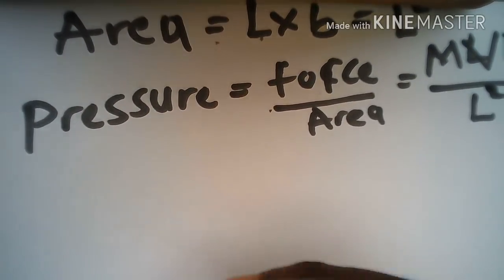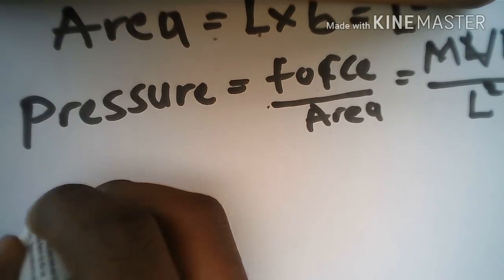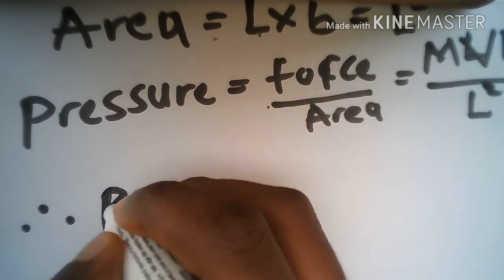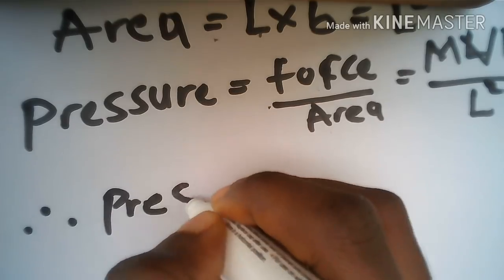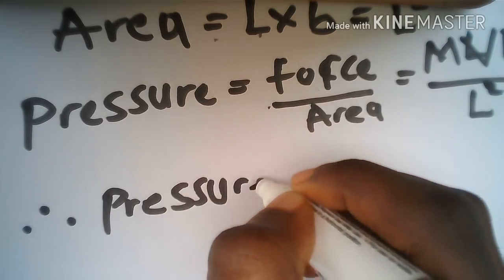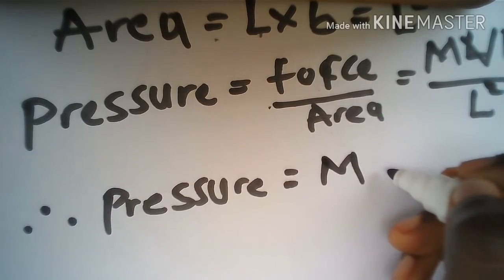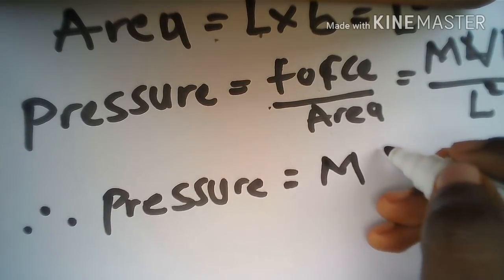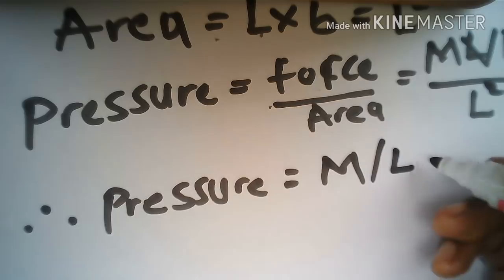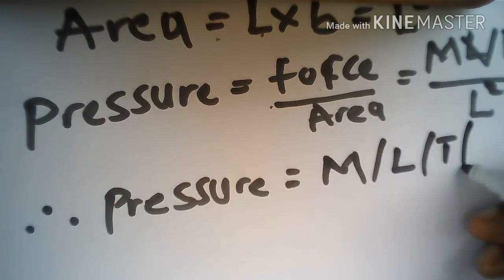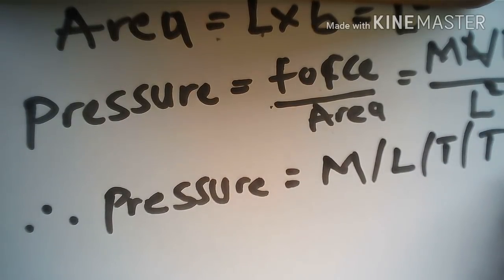So L cancels out, then we can therefore have the dimension of pressure will now equal M over L over T over T. So this is the derivation of pressure.